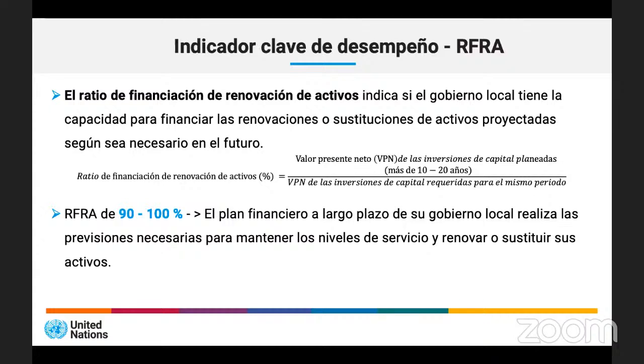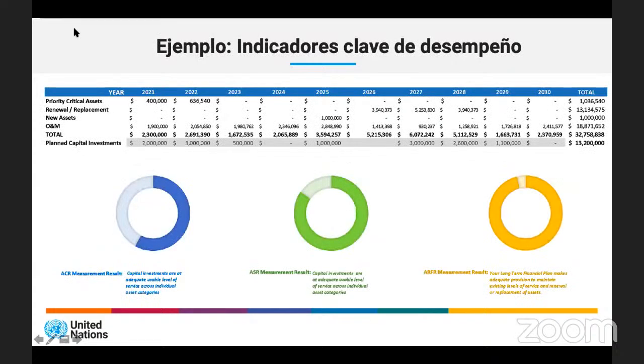So this is a slide which, next slide, thanks. As a sample, next slide, thank you. As a sample example about key performance indicators, I have done an Excel, which I'm going to show you at the end of the presentation very briefly, which can easily be calculated for the roads. If we have priority critical assets investments in 2000, these are the critical assets which we have to replace in the first 2 years, and then the others in 2026 or up to 2028.